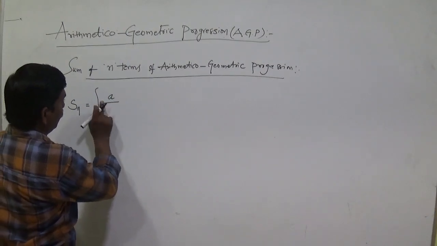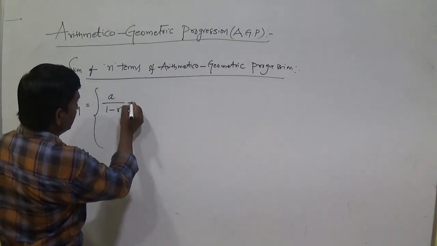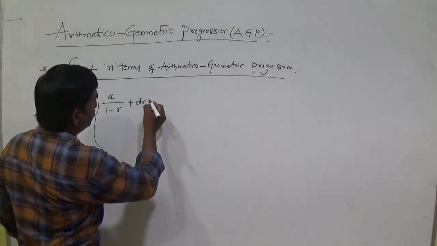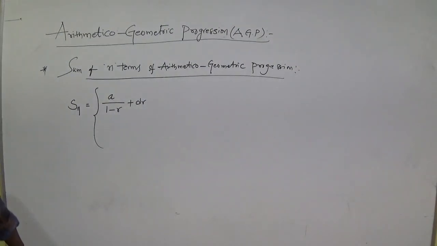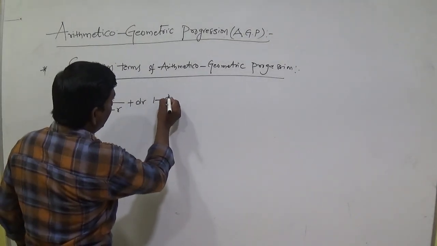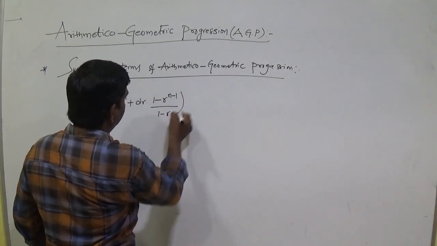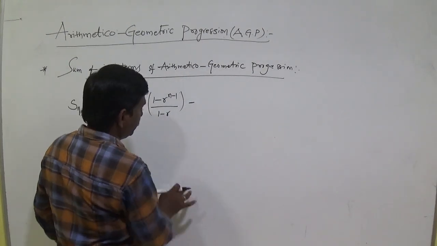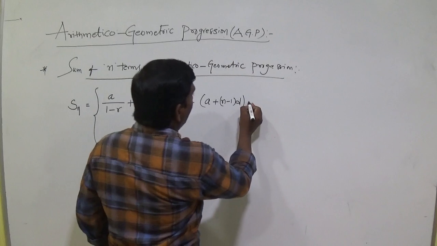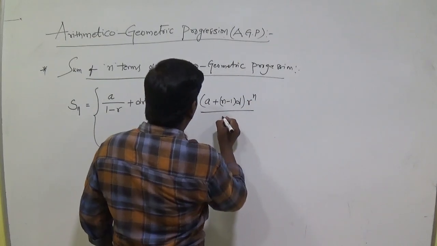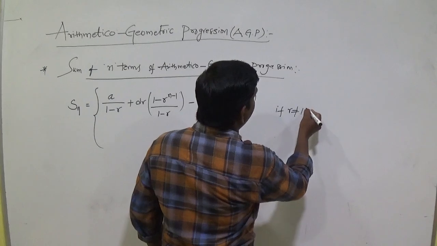a by 1 minus r plus dr into (1 minus r power n minus 1) by 1 minus r minus (a plus (n minus 1) d) r power n by 1 minus r, if r not equal to 1.